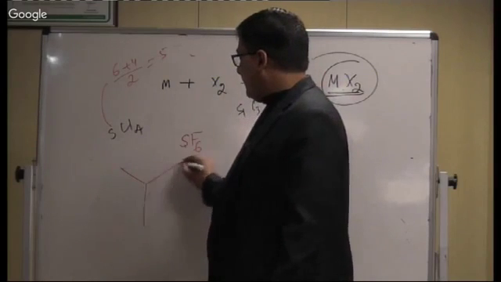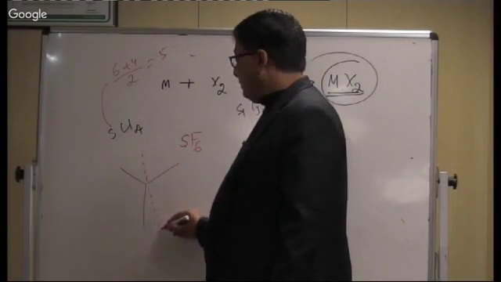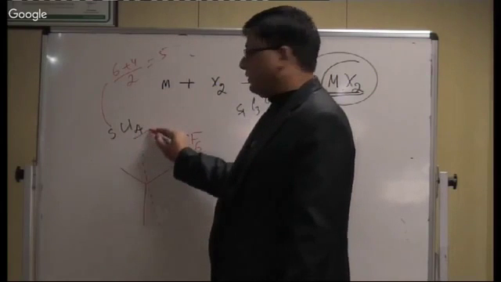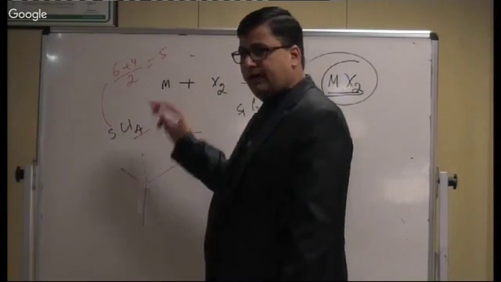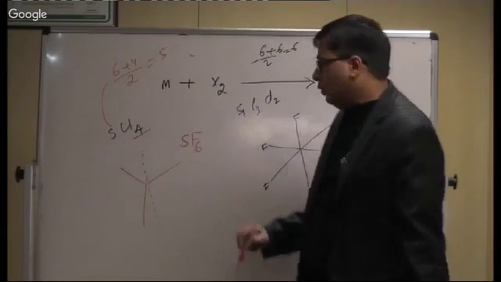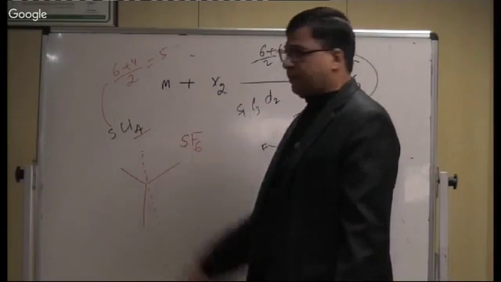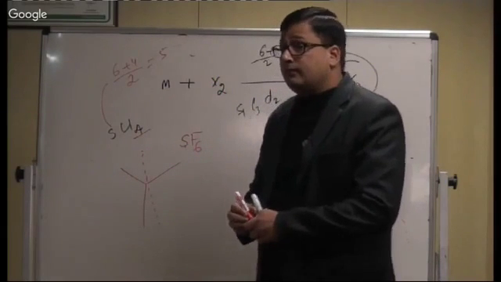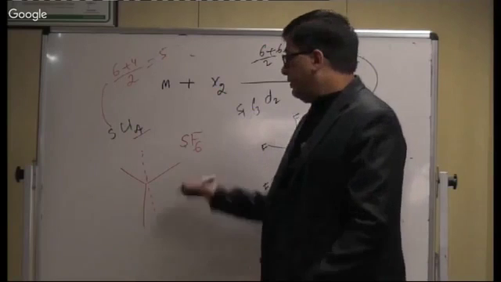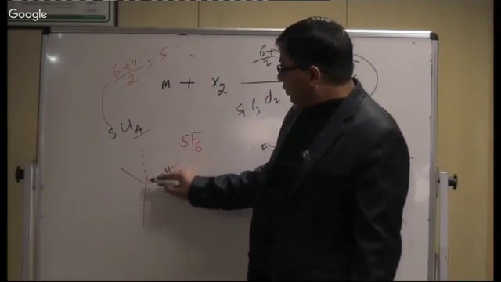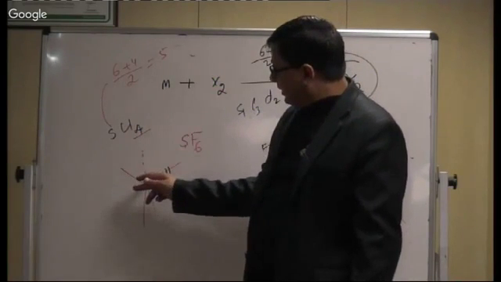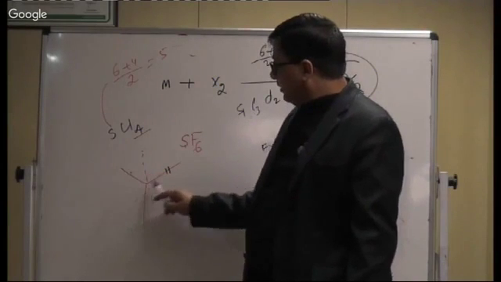Triangular planar, but there are only 4 halogens and 1 lone pair. So is the lone pair present in axial or equatorial? Equatorial. If we place the lone pair in axial, it repels with the 3 bonds.